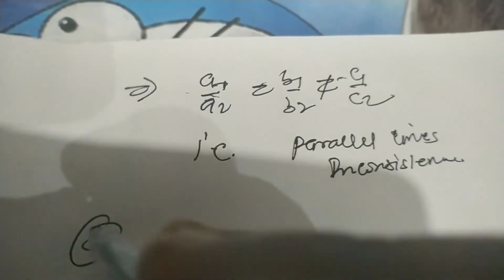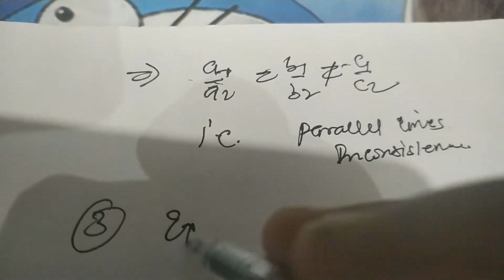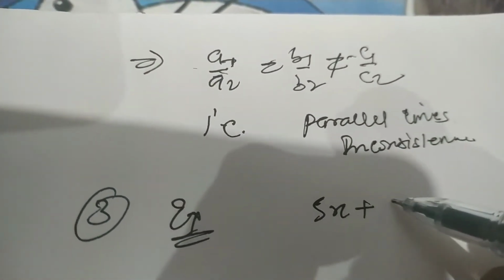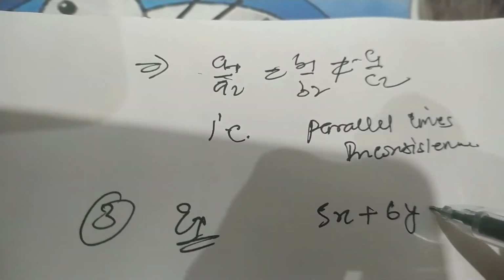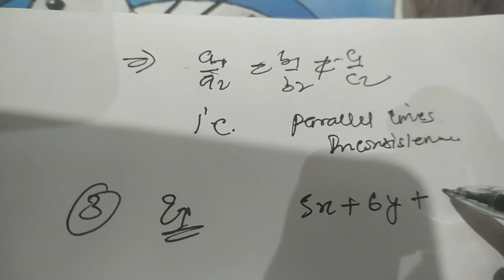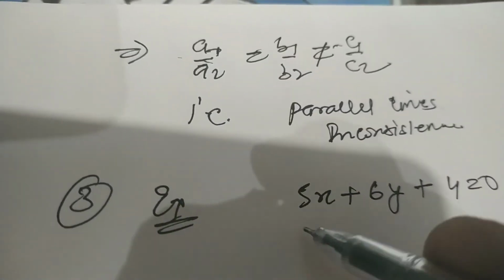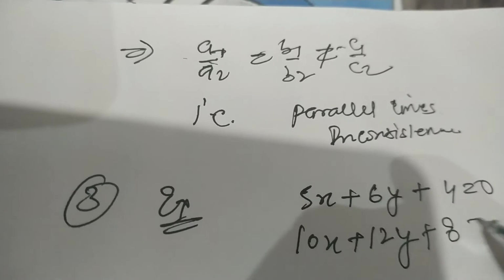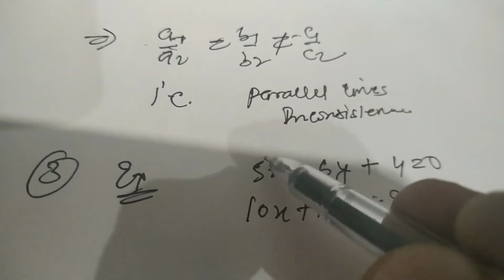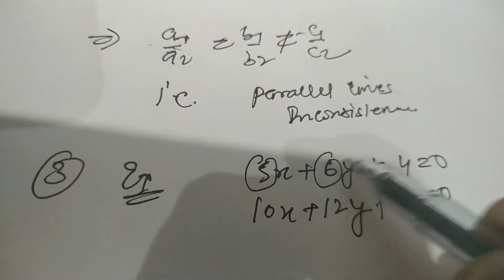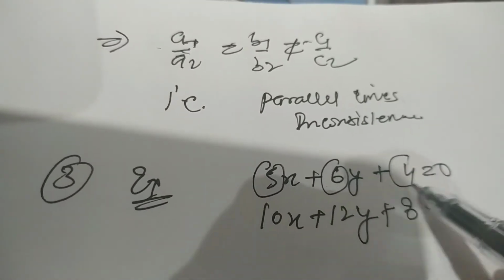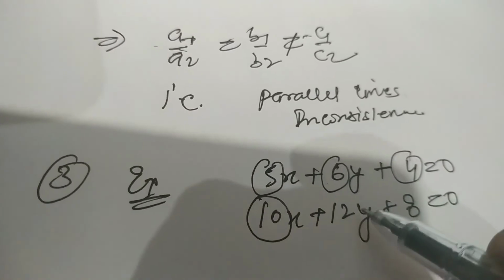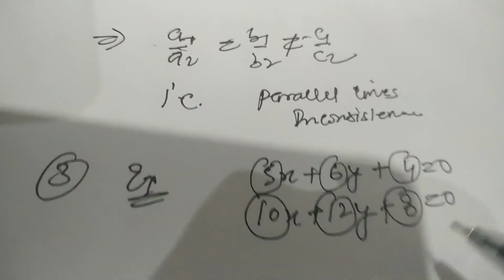Example number 3: if we have 5x + 6y + 4 = 0 and the second is 10x + 12y + 8 = 0. Again this is a1, b1, c1, and this is a2, b2 and c2.